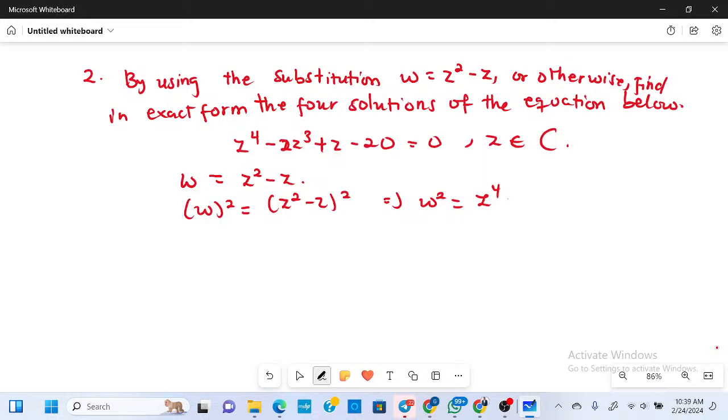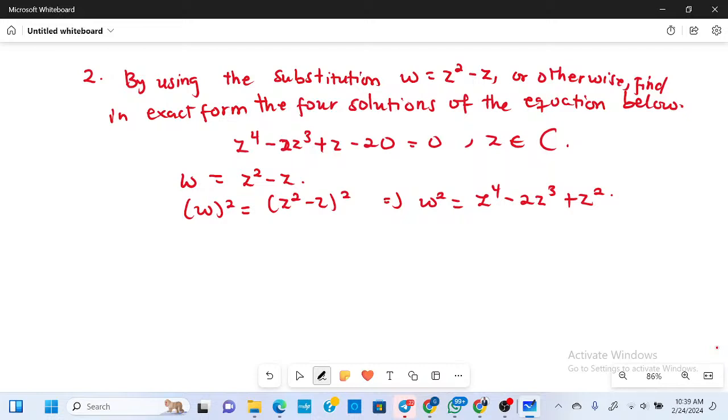When you are squaring this, Z squared minus Z, that will give us minus 2Z cubed, then you have plus Z squared. So you know that W squared is given as Z to the power 4 minus 2Z cubed plus Z squared.